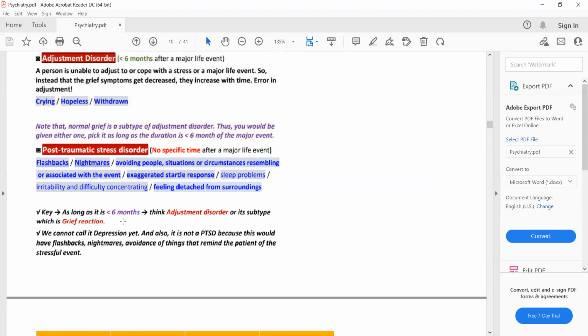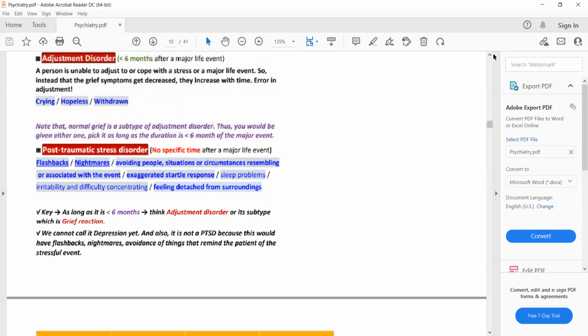As long as it is less than 6 months, then it will be adjustment disorder or its subtype, that is grief reaction. If the symptoms are for more than 6 months, then we'll label it as depression.